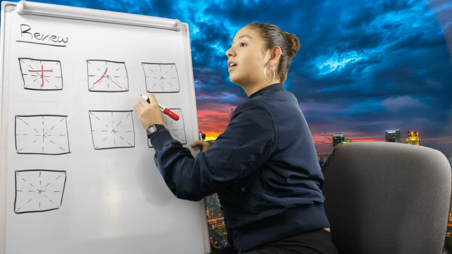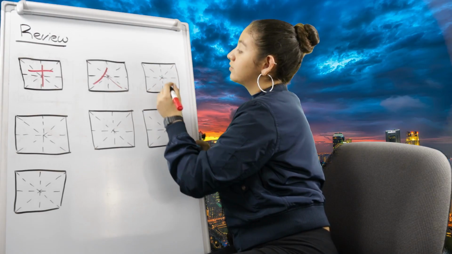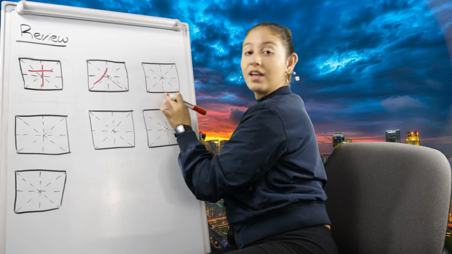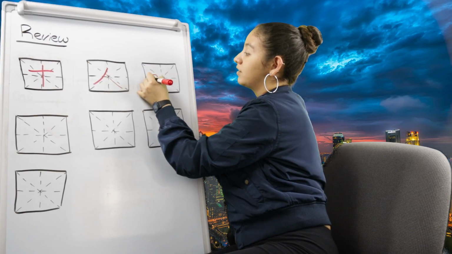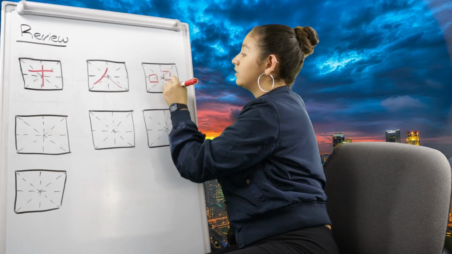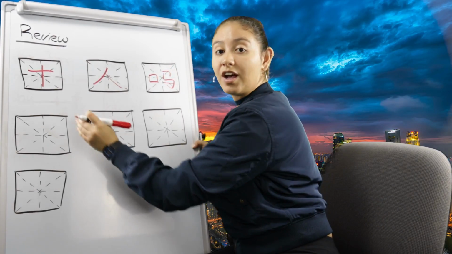Next we have our left to right strokes. So that would be in this right here. You have your left side of the box and then the right side of the box. There's your left side, and then you would go on to doing the right side. Then you have top to bottom.